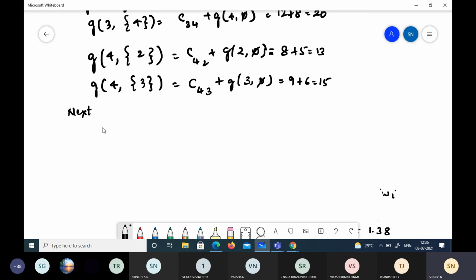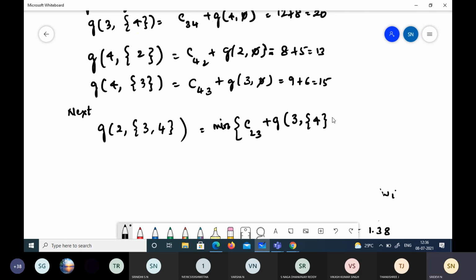So next we'll compute G of 2 with combination 3, 4. So now what happens? We should select minimum value. First we'll take this combination with C of 2, 3, that's nothing but C of ij, isn't it? Plus G of j comma S minus j.